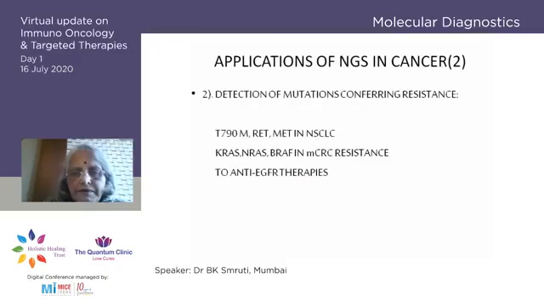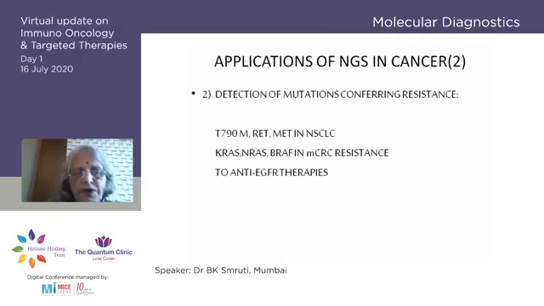Next slide. So now look at the second NGS application, which we are again very familiar with, the detection of mutations conferring resistance to treatment. The standing example, one of the most important being the T790M mutation in patients who are on TKIs, especially like gefitinib and erlotinib.